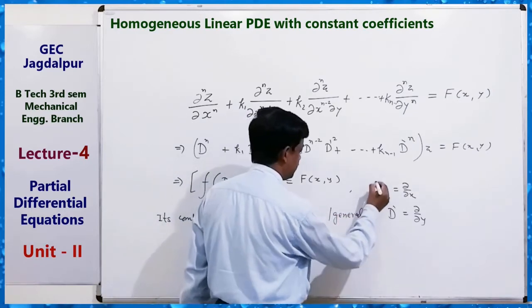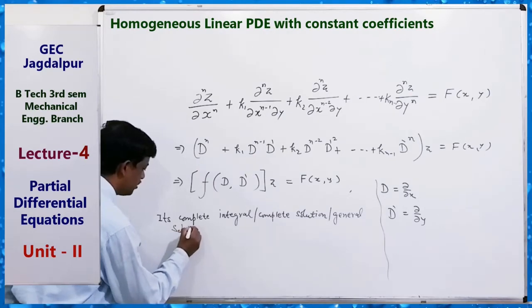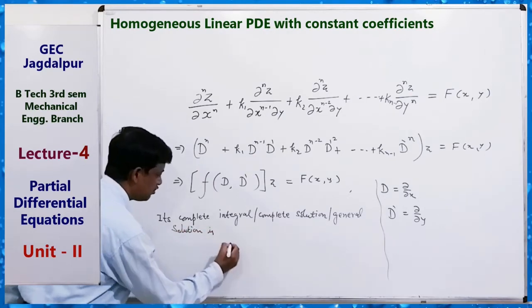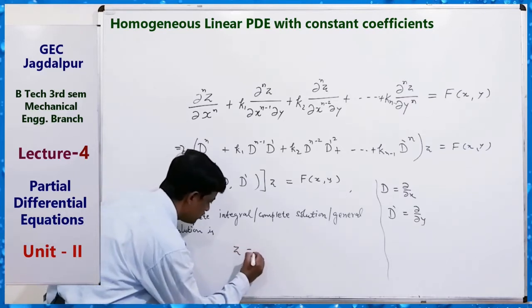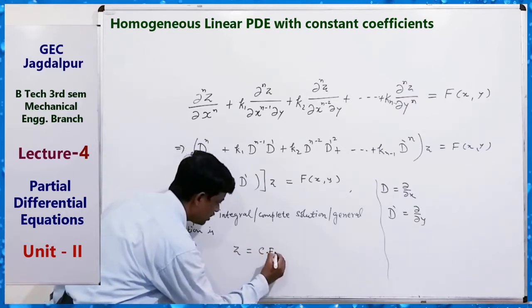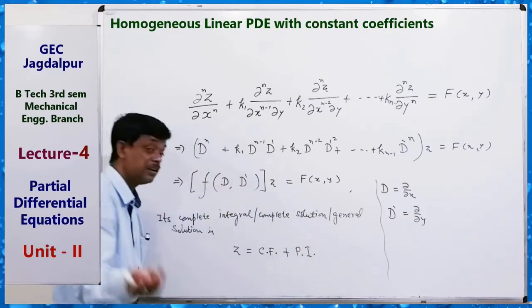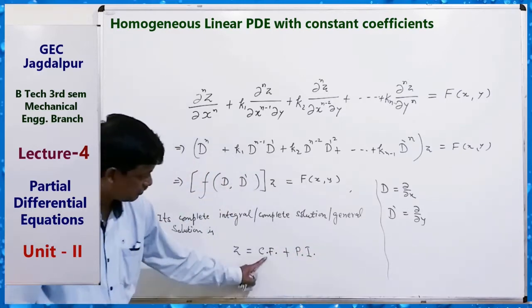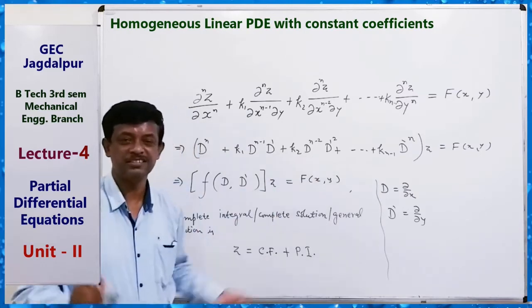The dependent variable z equals CF, complementary function, plus PI, particular integral, just like an ordinary linear differential equation, where CF is given by the complete solution of this equation taking the right hand side 0.